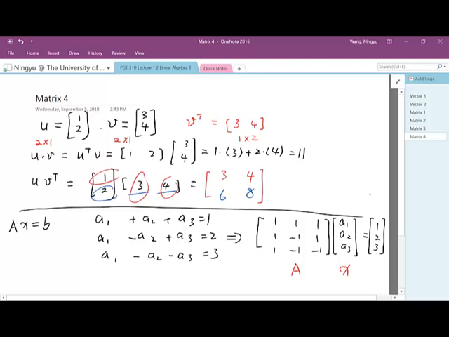These are our unknowns, we want to solve for them. And this is the B, or the right-hand side. So this is the AX equals B form. And this is called the matrix form of our linear system of equations.